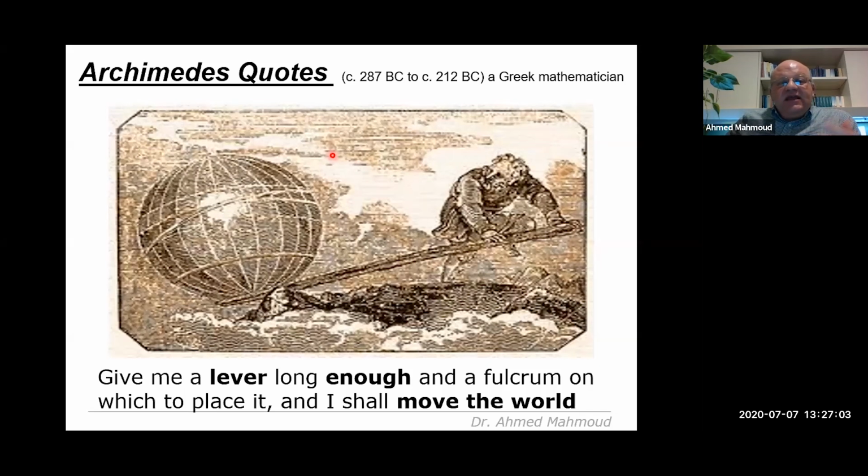He can be using it to shift things from one place to the other. And ever since Archimedes came up with this quote or this concept, the entire world started moving things that are much bigger than human size and human capacity in terms of movement, and the world moved on.